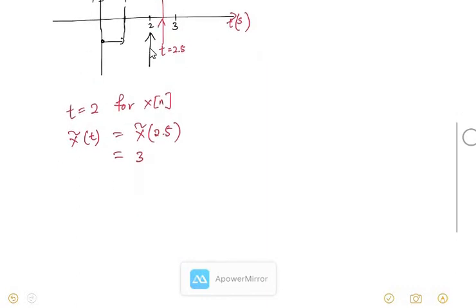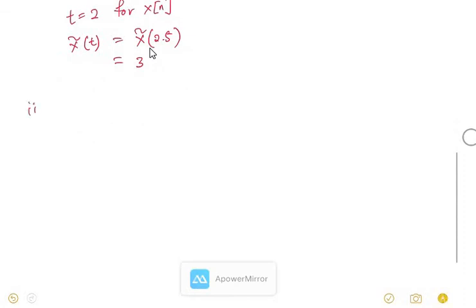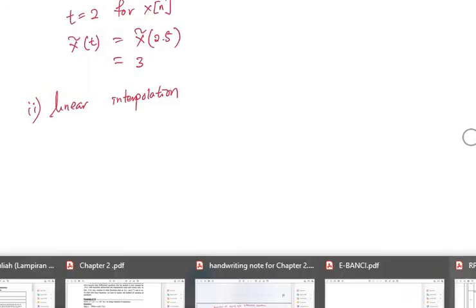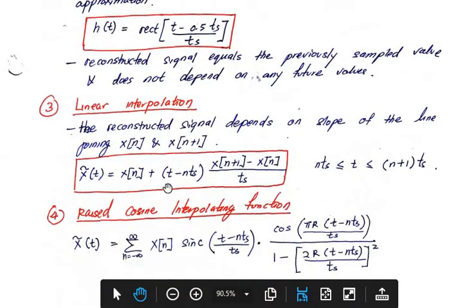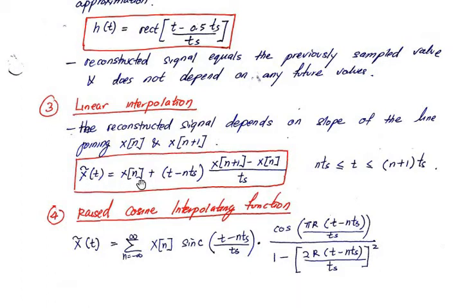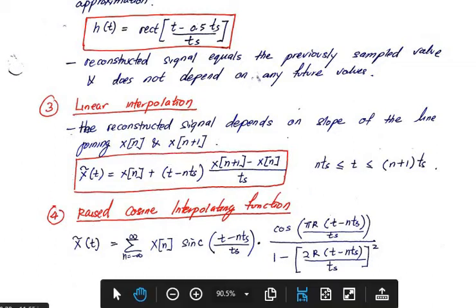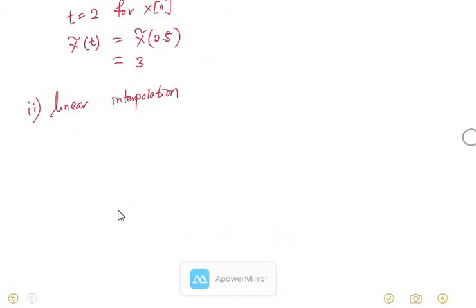Next we use linear interpolation. For linear interpolation, we follow this formula: xn plus t minus nTs, and so on.